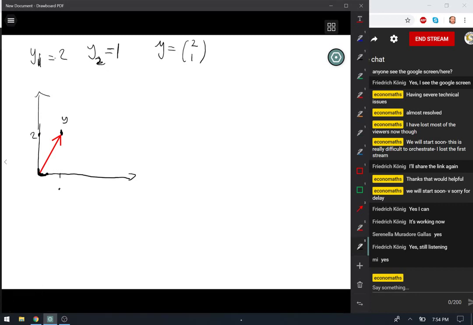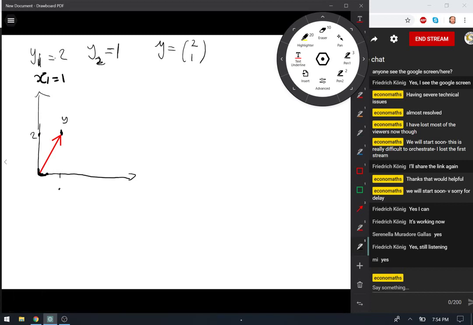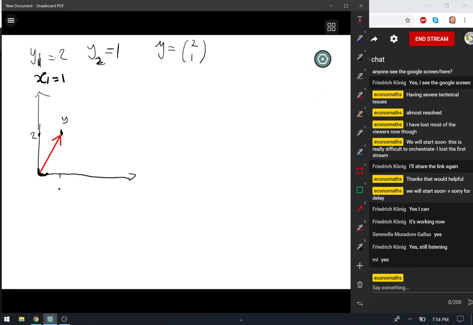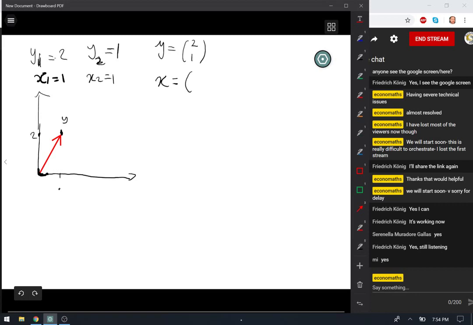Okay, so that's our data point y. Let's suppose we've got just one regressor x, and it takes the value 1 at sample point 1 and 1 at sample point 2, just arbitrarily.